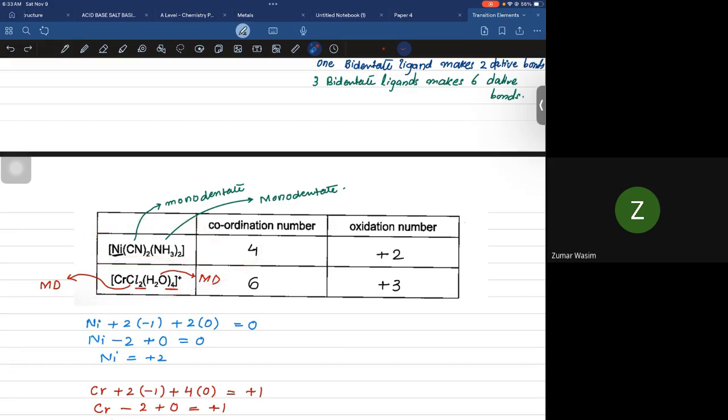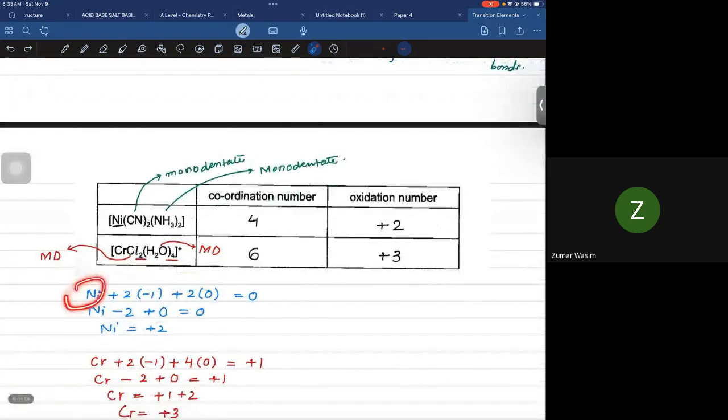चार्ज को कैलकुलेट करने से पहले आपको लाइगेंड का चार्ज जरूर पता होना चाहिए. कैसे? अब लेट्स सपोज this is nickel that is to be calculated, and I know the Cn is -1.